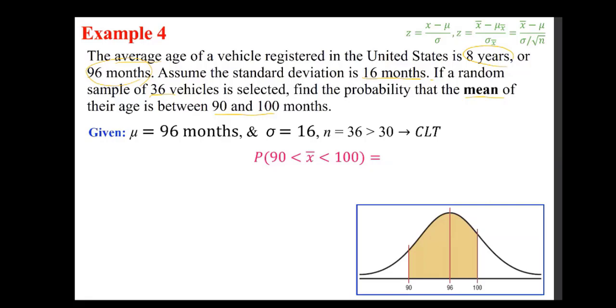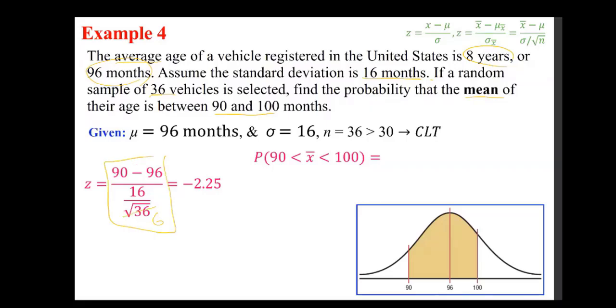So you graph the z-scores, you go to the table and you look it up. With that being the case, what is the z-score for 90? What is the z-score for 100? So for 90, z is X bar, which is 90, minus mu, which is 96, over sigma, which is 16 over the square root of 36.